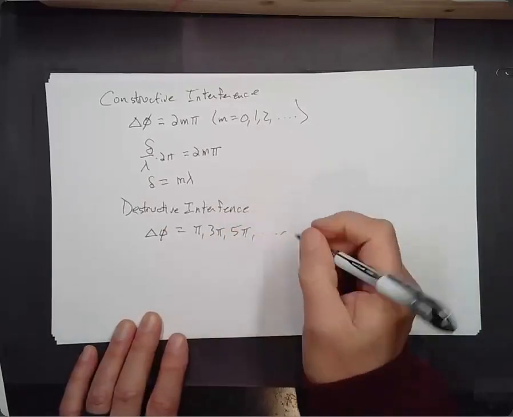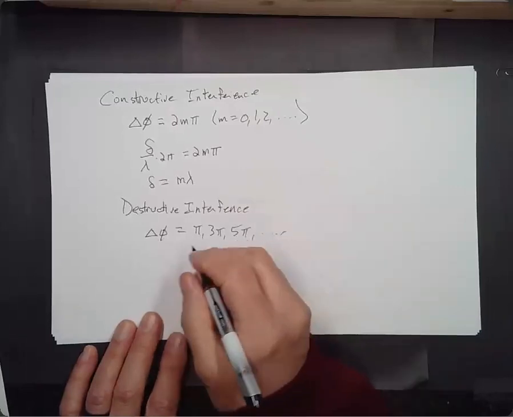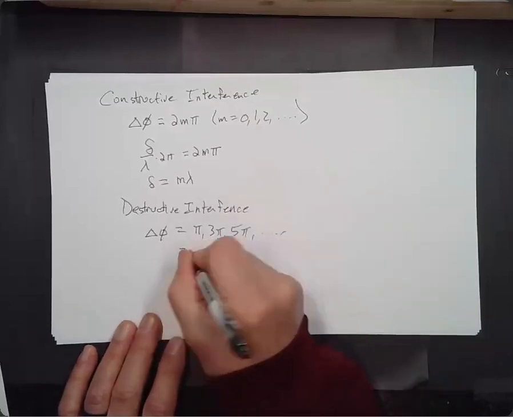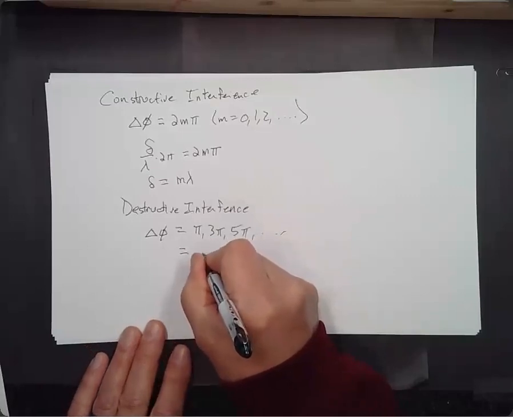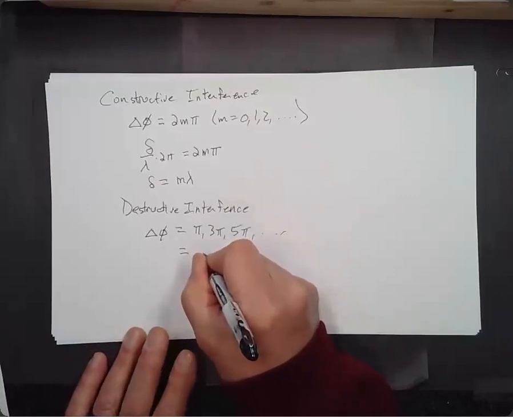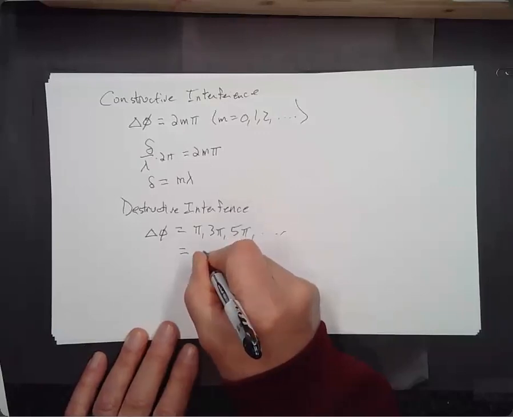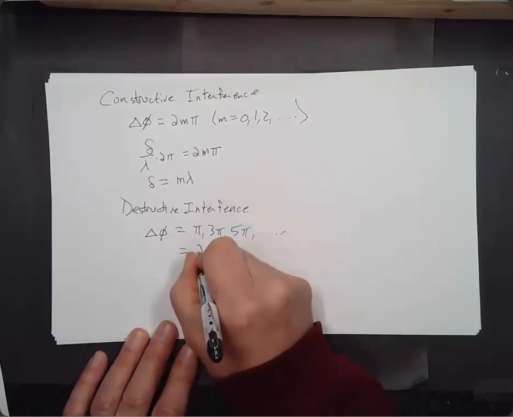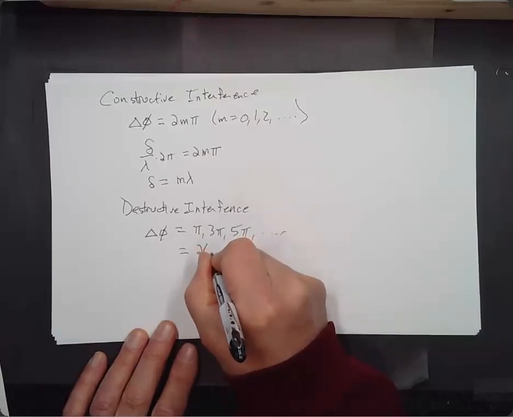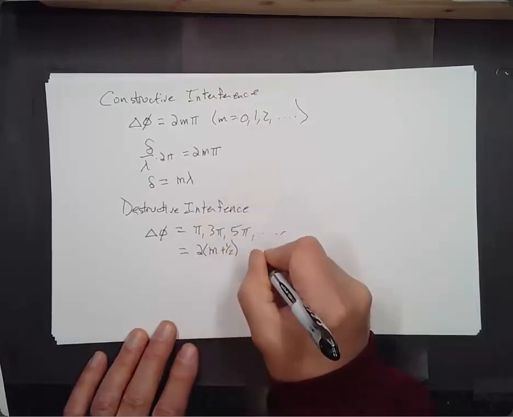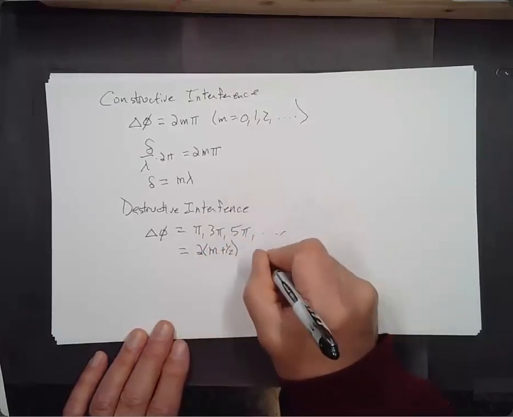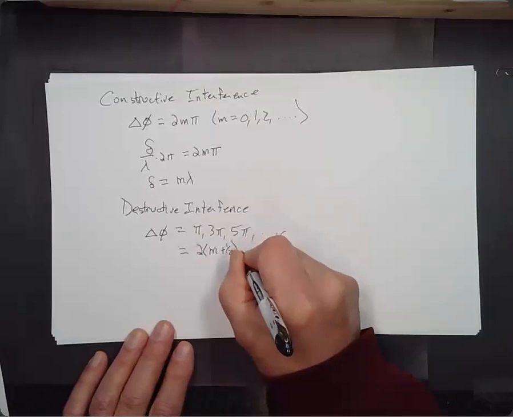How could we write that all together? We can say that if I take a 2 and multiply it by m plus a half, and in this case, m can again equal, and then I need to multiply it by pi.